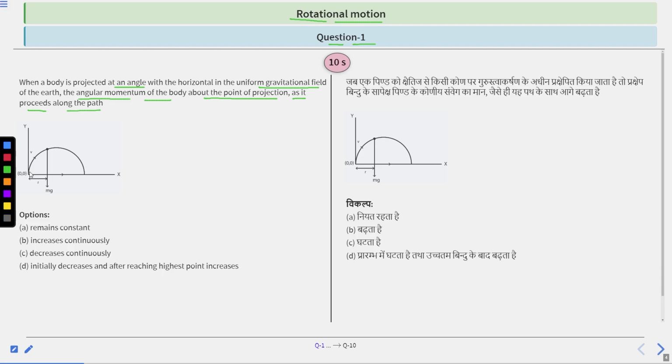Suppose a body is projected with velocity v and it takes a parabolic path. Clear? So in that case, which option is correct? You have 10 seconds to solve this question. After 10 seconds, we will provide the solution.